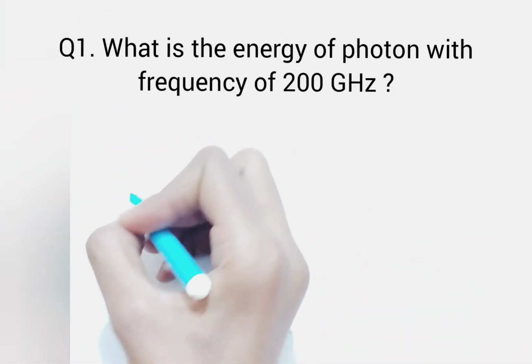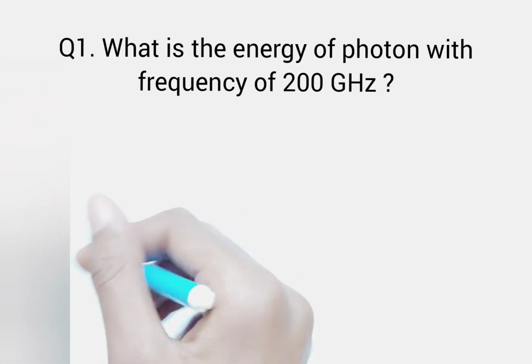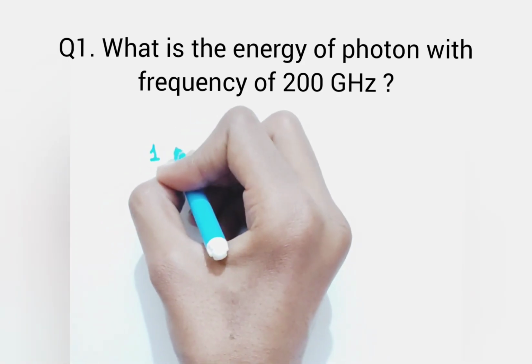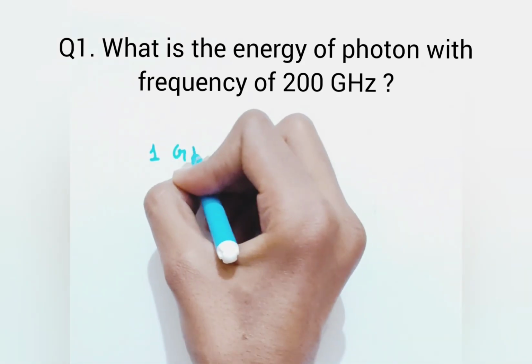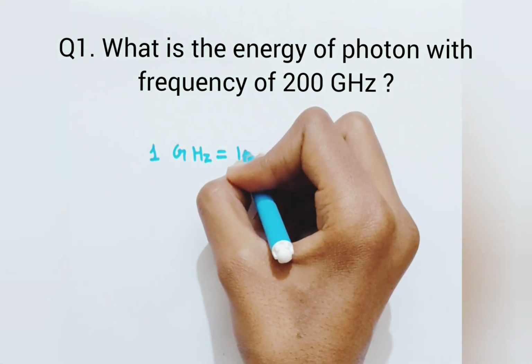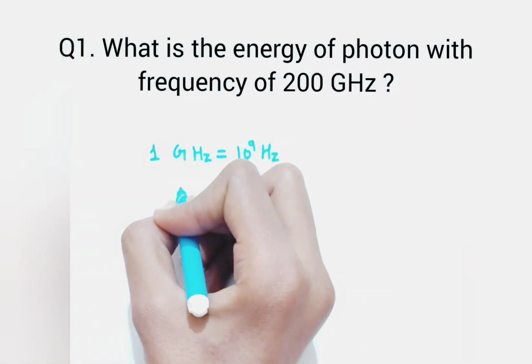Question number 1: what is the energy of a photon with a frequency of 200 gigahertz? We know that 1 gigahertz is equal to 10 to the power of 9 hertz.